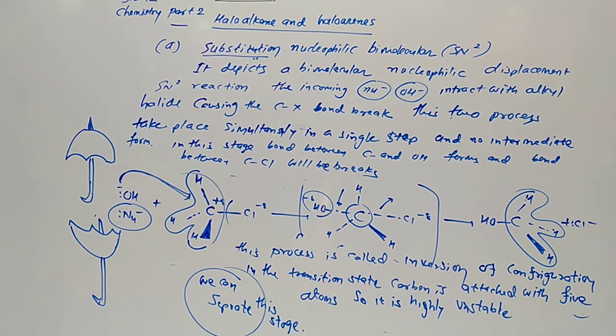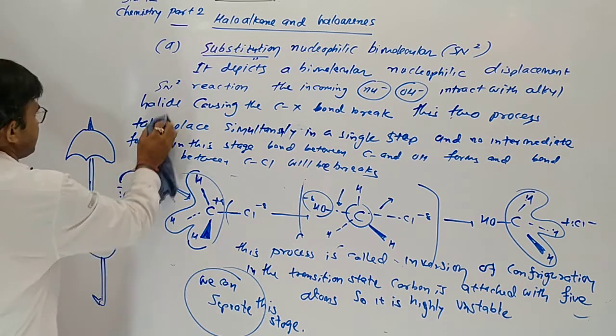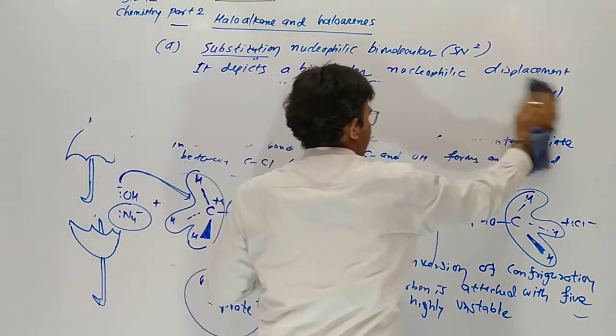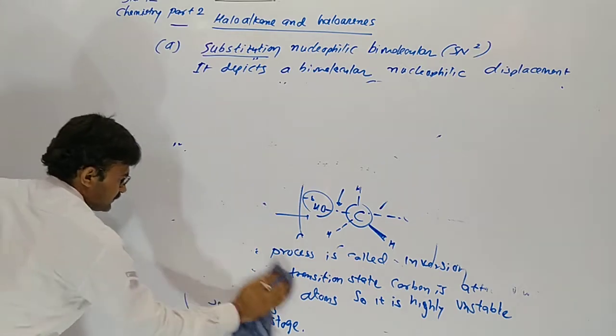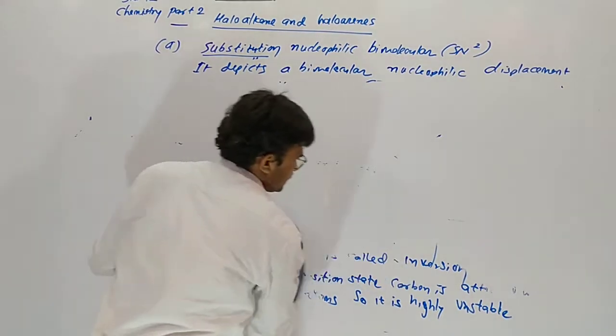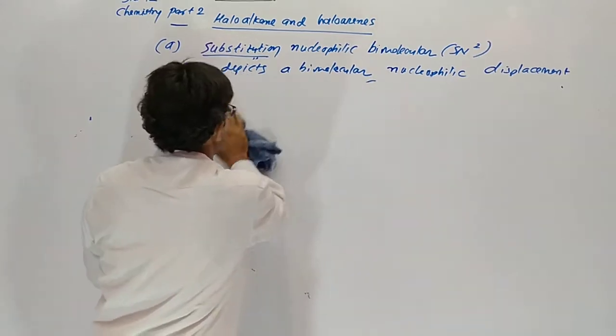Here the reaction requires the approach of the nucleophile to the carbon bearing the leaving group. In the bulky situation, yes, we are going to another example of it. This is a very simple example.